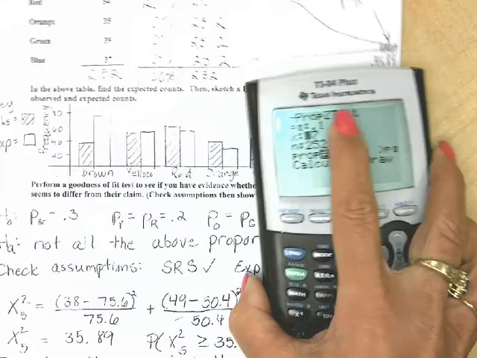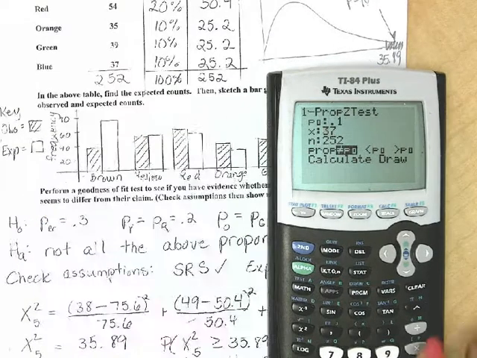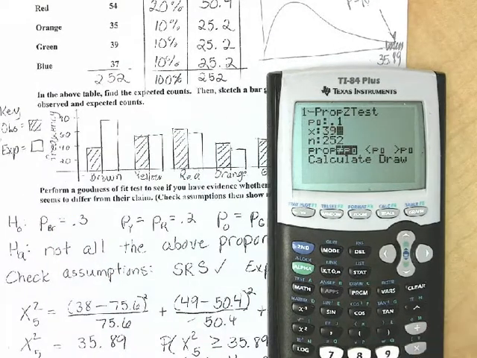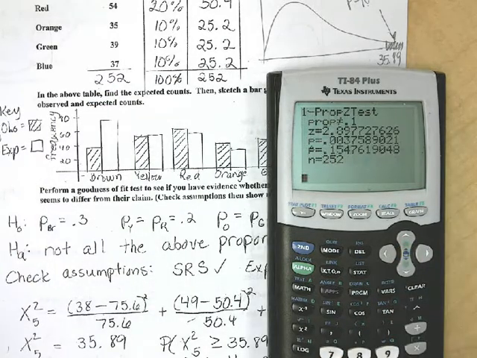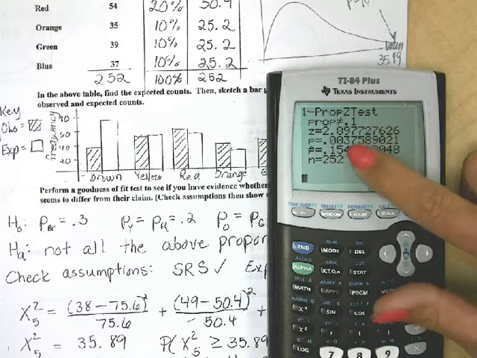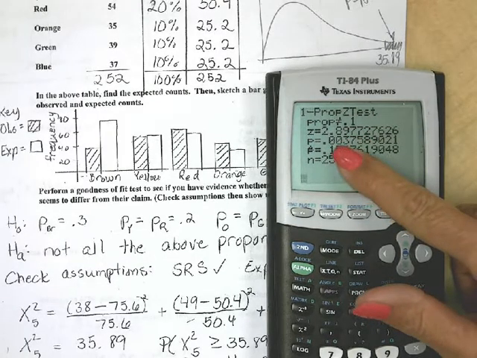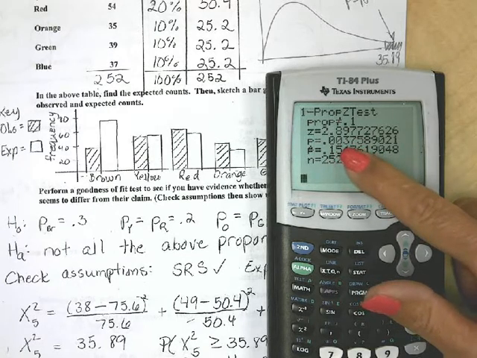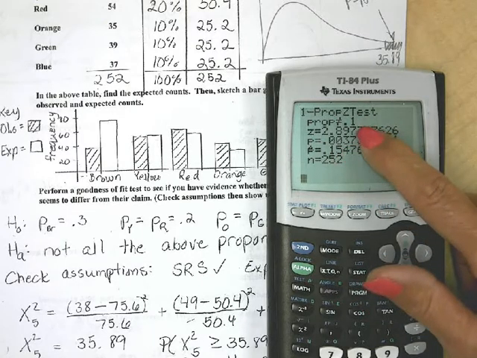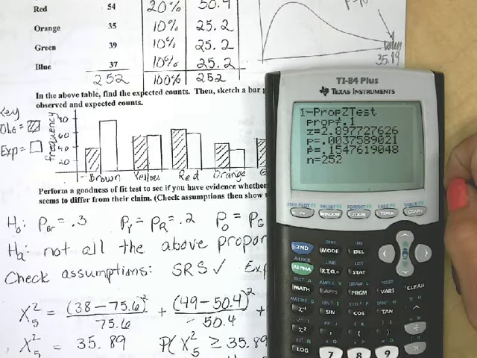Now, I had 39 greens out of 252. And if I calculate that test statistic, I find out that my p-value is only 0.0037 something, which means the p-value is very tiny. So I definitely have evidence that the proportion is not 0.1.